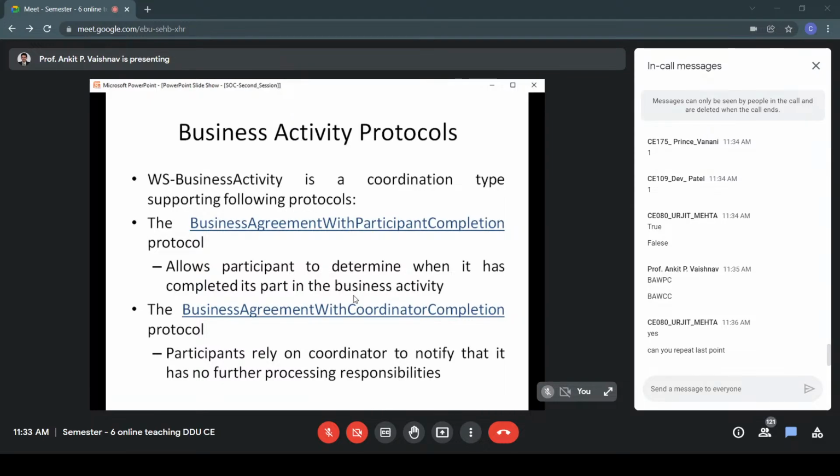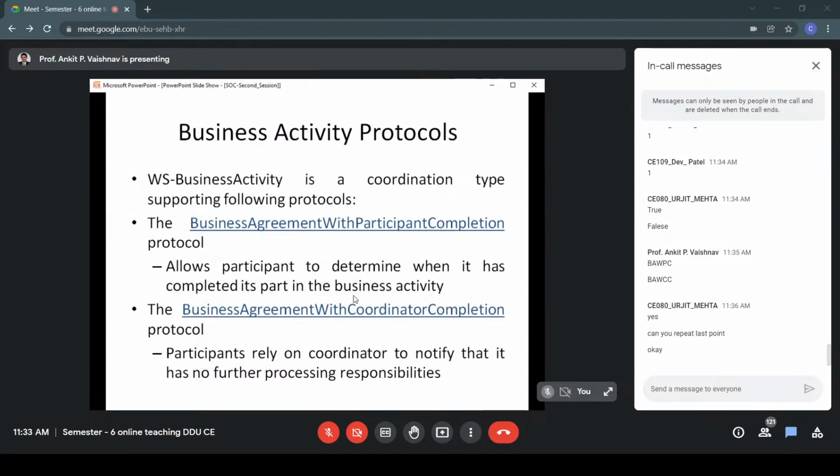Yes, I'll repeat. Business agreement with coordinator completion means you are dependent on the coordinator to let you know that your job is complete now and you can exit, right? While in the first case, you yourself can decide that your task is done and now you will exit the system, okay? So if you have dependent business logic, in that case, which protocol will you go with?